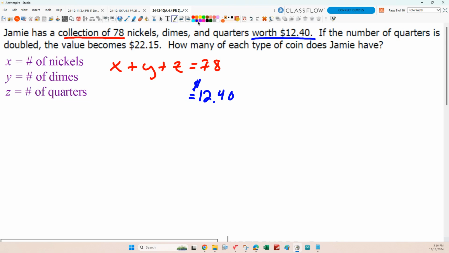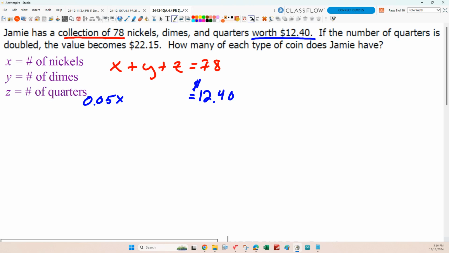Okay. Well, we don't know that we have 25. What is representing the number of nickels? X is. Okay. So what's the dollar value of all our nickels? There you go. 0.05x. That's the value of all my nickels.